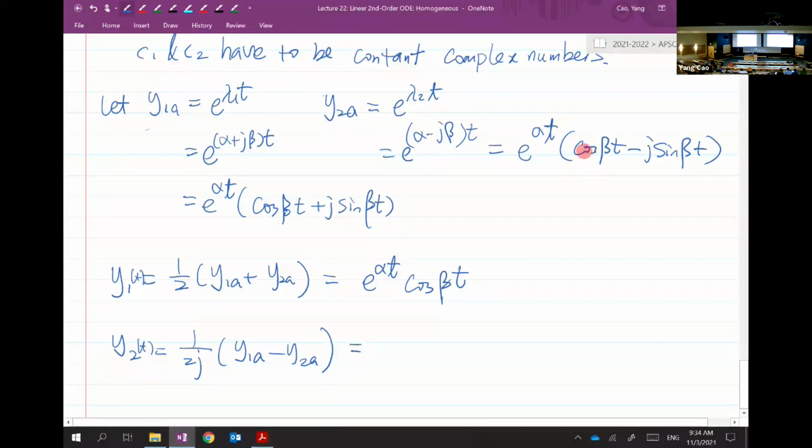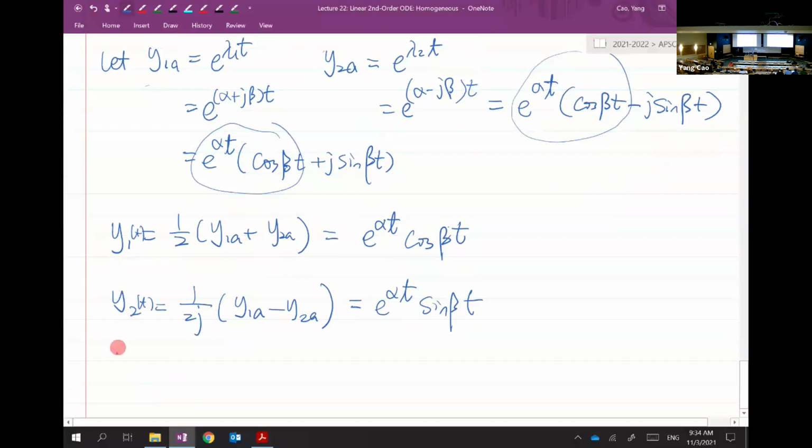If you use this one minus this one, the real parts cancel each other, and the imaginary parts add together with the j, so that j cancels this j here. You end up with e to the power of alpha t sine beta t. So now we have successfully created two new particular solutions, which are real. And they are also linearly independent of each other.